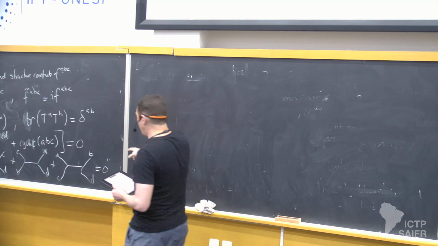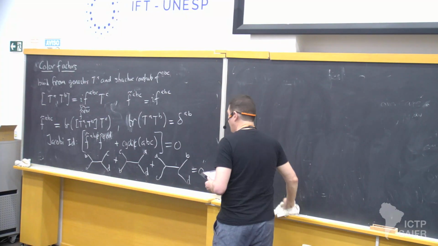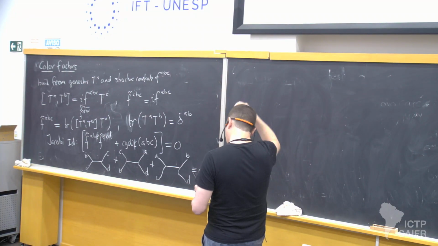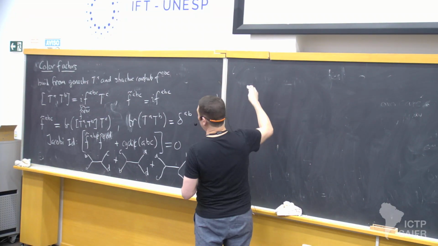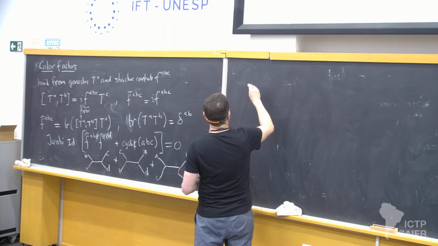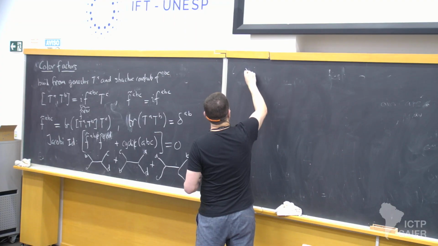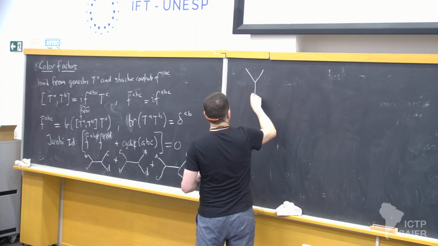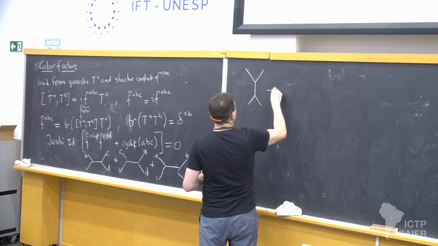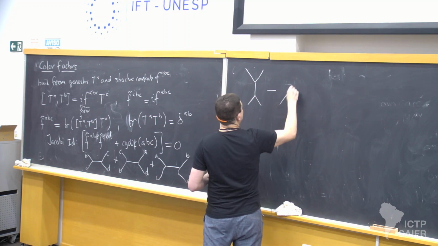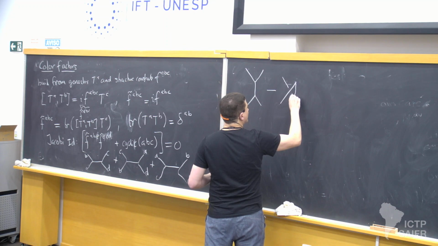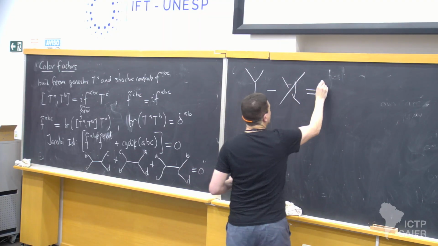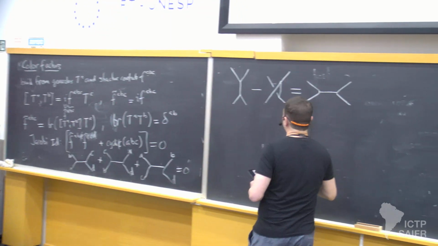But actually, let me draw that identity slightly prettier. Actually, I don't have it in my notes, so let's see if I can remember how I usually draw it. Yes, I think I draw it like this. Minus... that's a slightly prettier way of doing it.